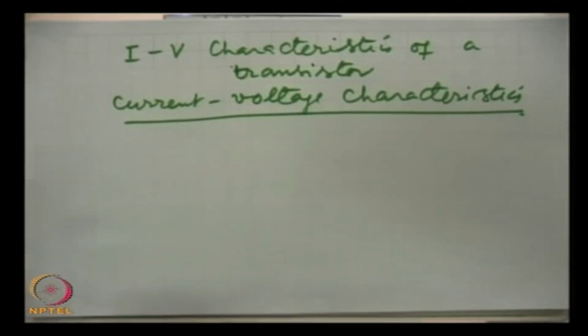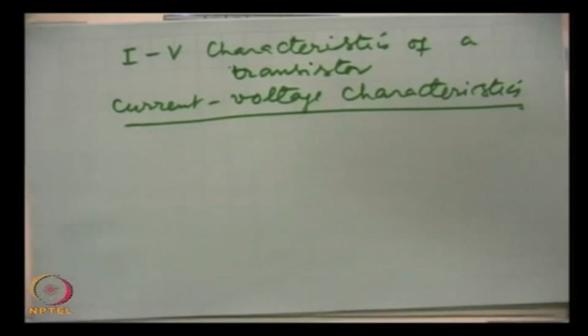We are often talking about the common emitter circuit being most widely used. So, these characteristics we will be drawing for the common emitter circuit and bring out the salient features of these characteristics. They are not different. There are some variations at some points in the common base and common collector circuits, but more or less they remain the same.